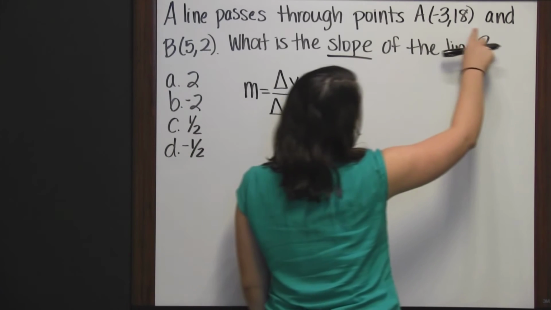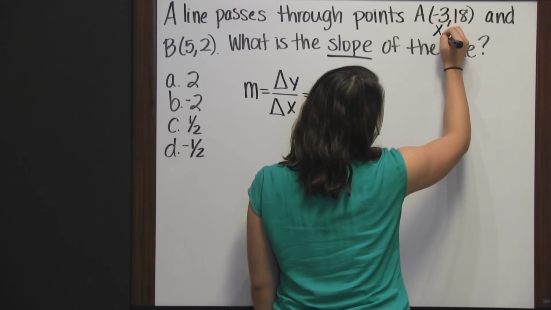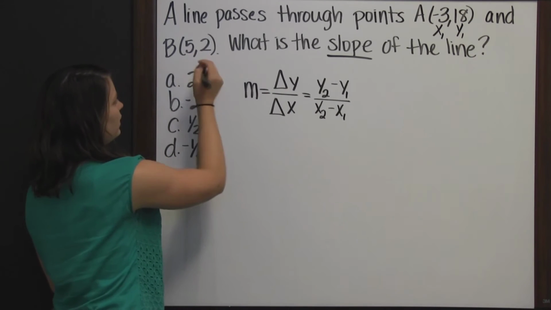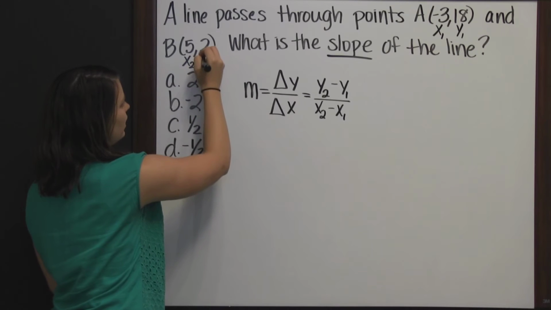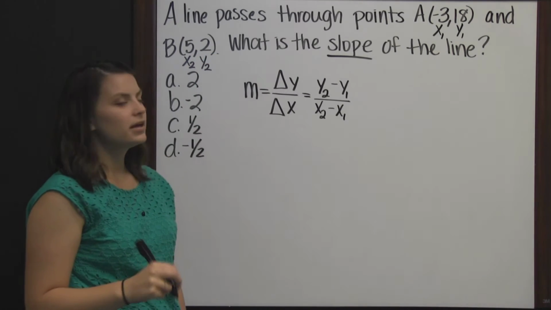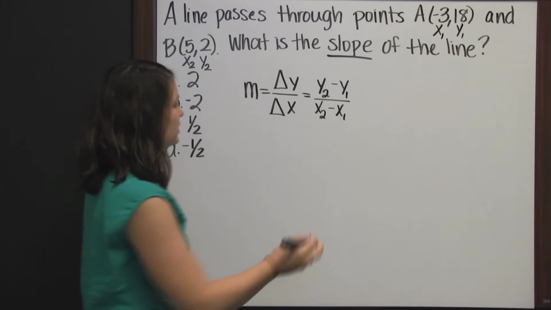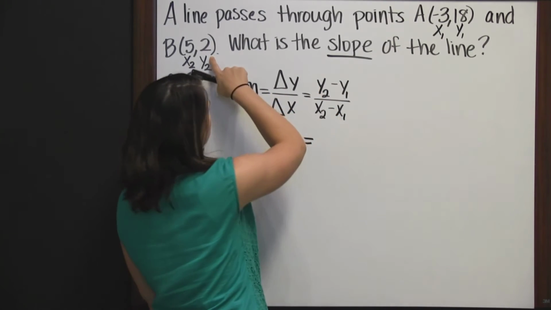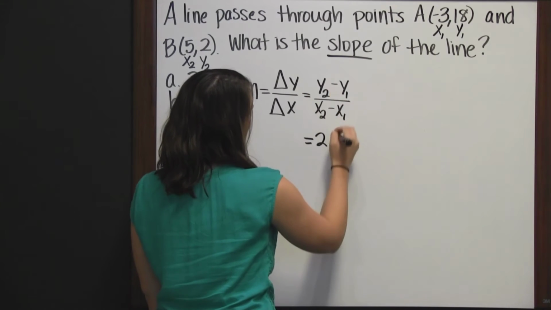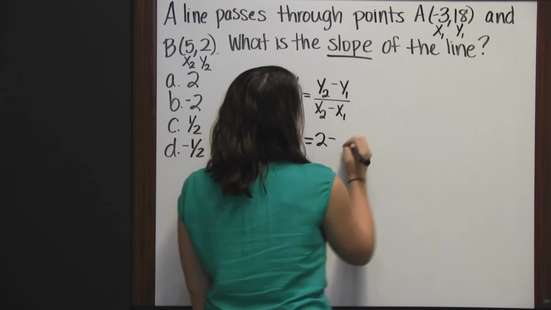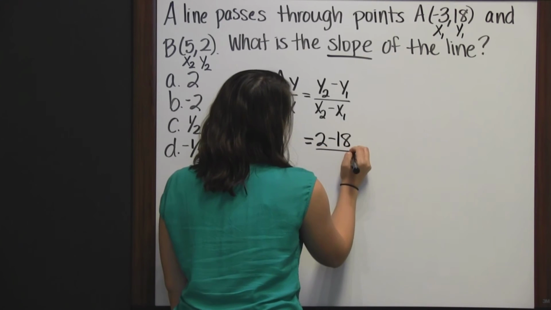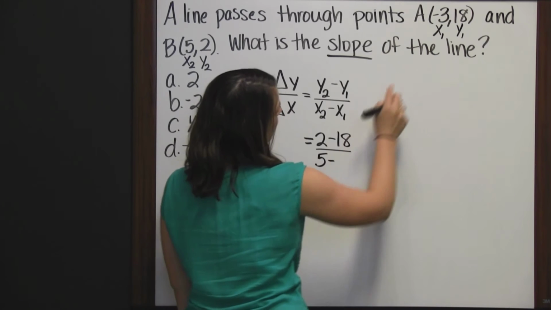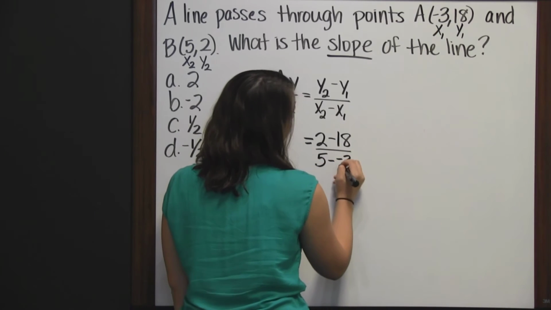So this first point, this would be our first x and our first y. And then our second point here, B, would be our second x and our second y. And now that we've labeled, we just need to substitute. y2 is 2 minus y1 is 18 divided by x2 is 5 minus x1 is negative 3.